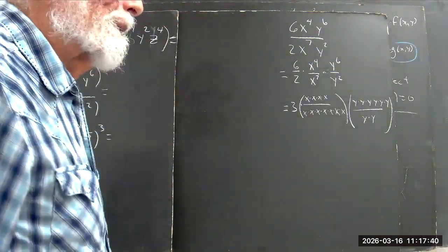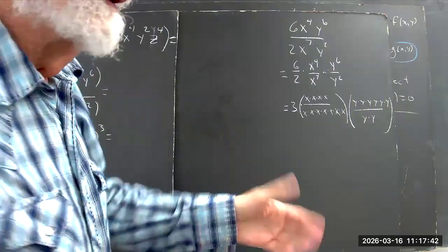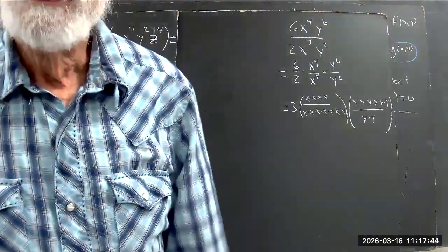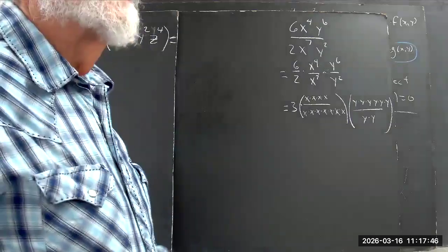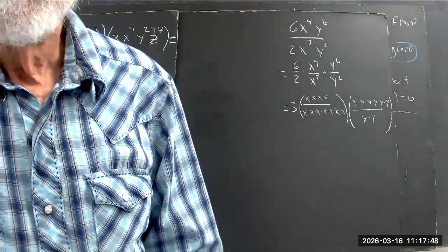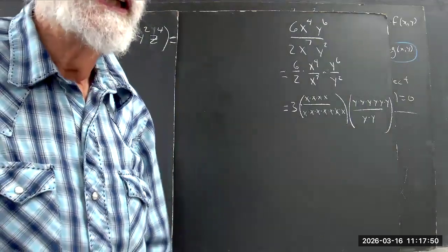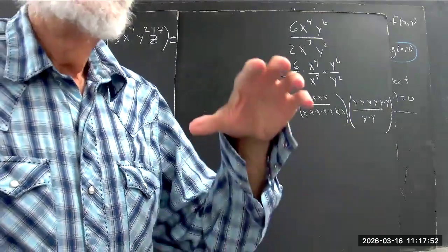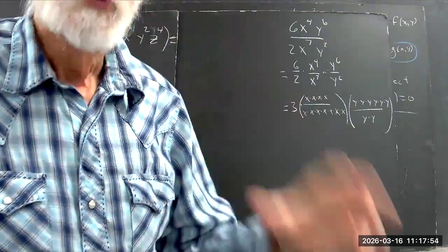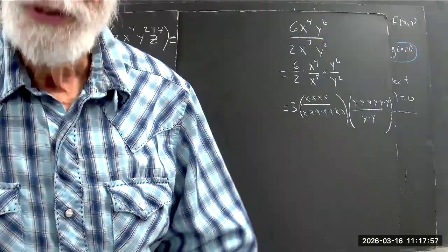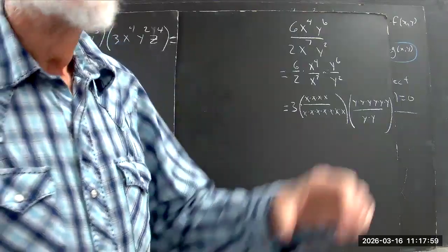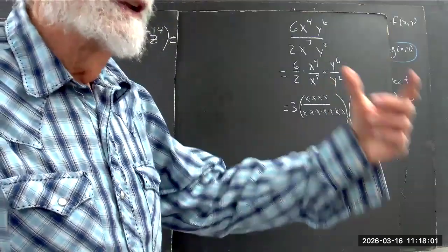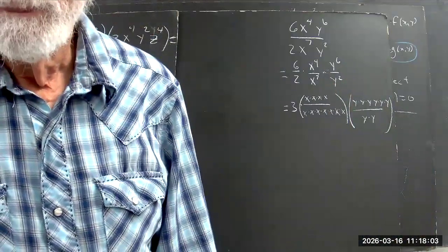Now, you've probably seen people tell you you can cross these things out, you can cancel. Okay, I hate cancel. What I really hate is it's taught without emphasizing the rules under which it's done, okay? It's dividing factors of the denominator into equal factors of the numerator.